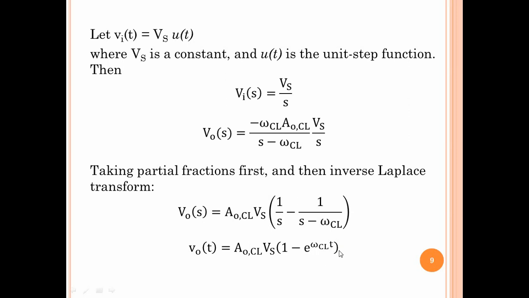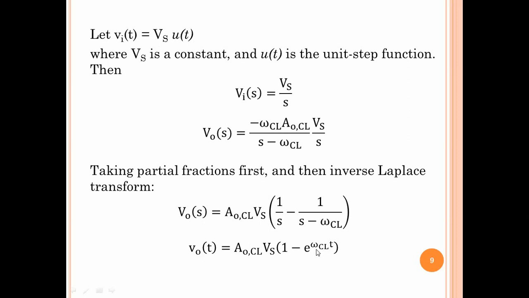This is interesting. What is this telling us? That if we were to look at the output voltage as a function of time when a step is applied at the input, then at t equal to 0, the output will be 0 because the initial input voltage was 0.